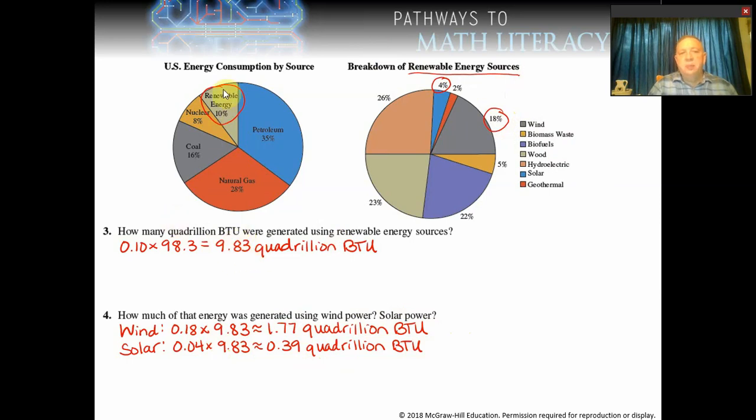That was our percentage of the whole based on renewable energies. And now we can break down those renewable energies using this. So of that 9.83, 1.77 quadrillion BTUs were for wind. And here's our 4%. They were asking for solar. There's our solar, 4%. 0.04 times 9.83 is 0.39 quadrillion BTUs.